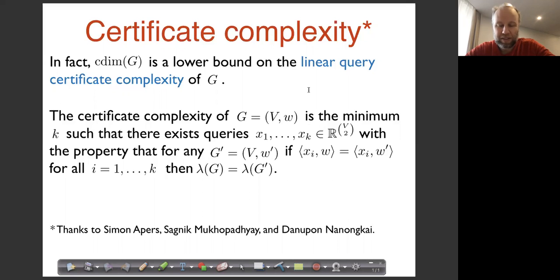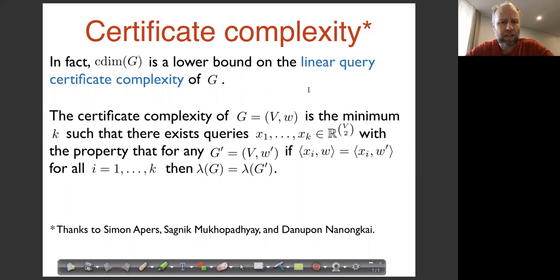We were like, okay, how could you do that? Well, you take out the query complexity survey by Buhrman and de Wolf, and you ask what methods we have for showing lower bounds on deterministic query complexity. And the first one there was certificate complexity. So we started talking about how you would show lower bounds on certificate complexity, and then I realized, oh, this is exactly what we're doing with the cut dimension.